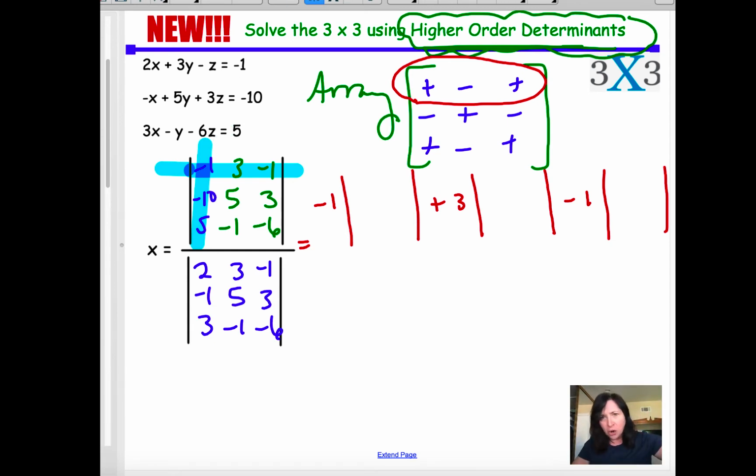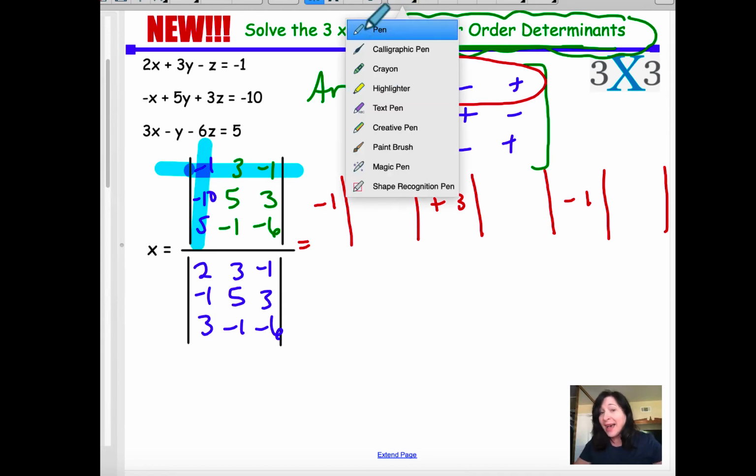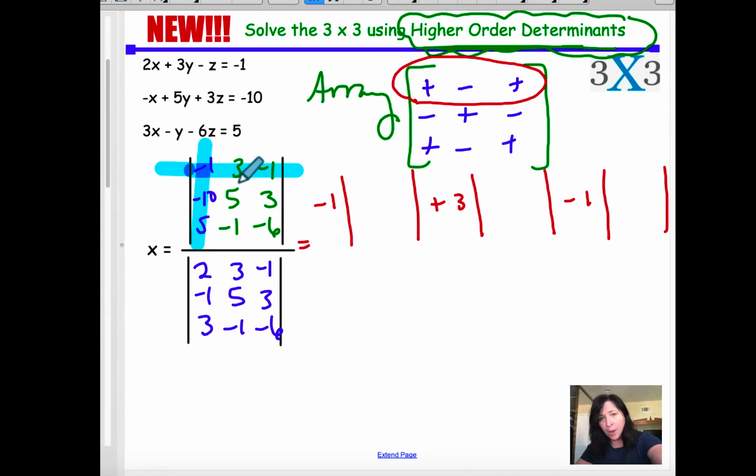I want you to notice that what I would have left is those values in this little box here, 5, 3, negative 1, negative 6. So those values in that little box go here. So 5, 3, negative 1, negative 6.